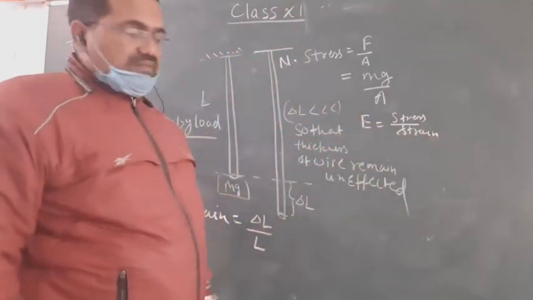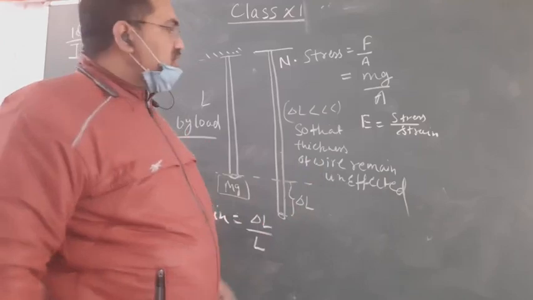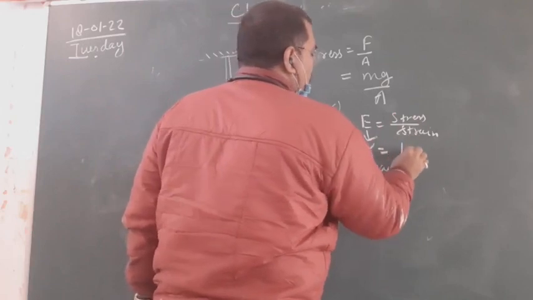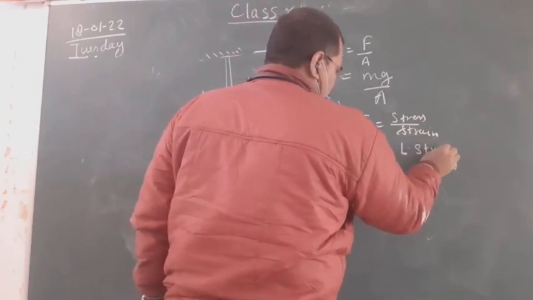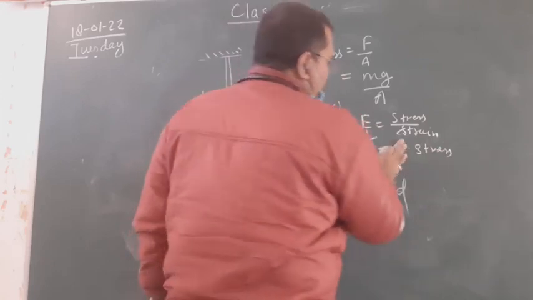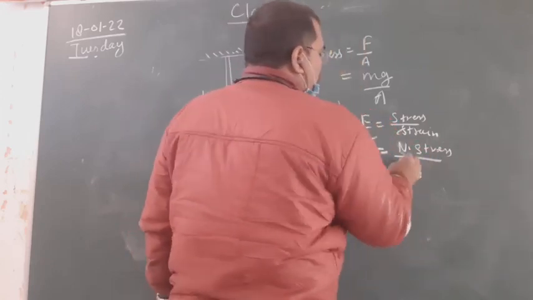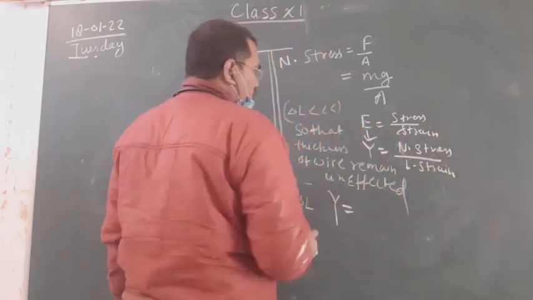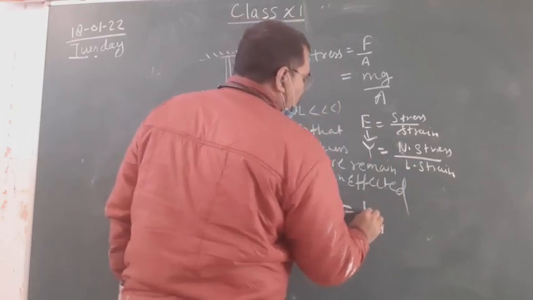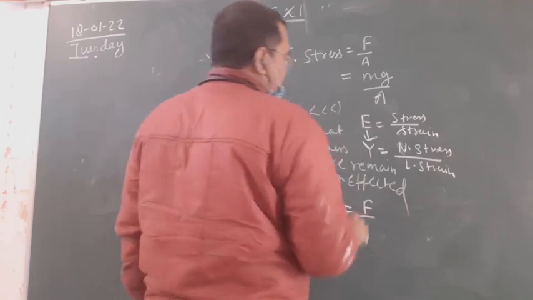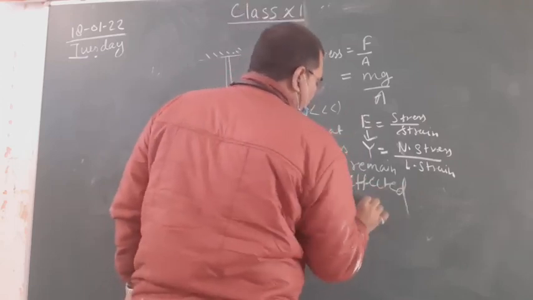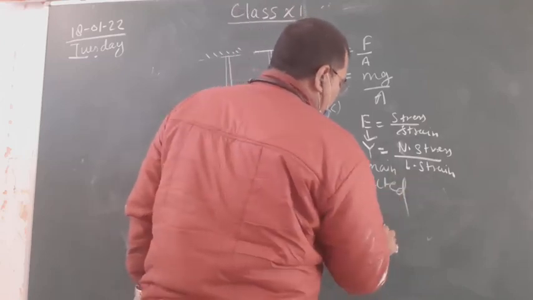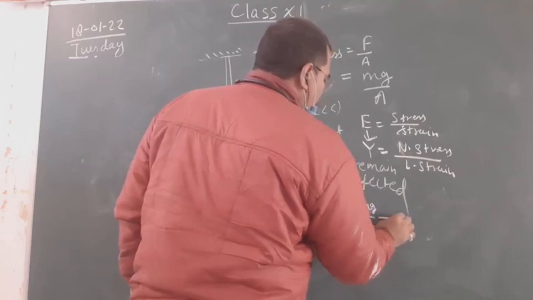Here the change is done in a linear body, so E becomes Young's modulus of elasticity, with normal stress upon longitudinal strain. So you can write Y equals normal stress, F or mg upon A, upon delta L upon L.